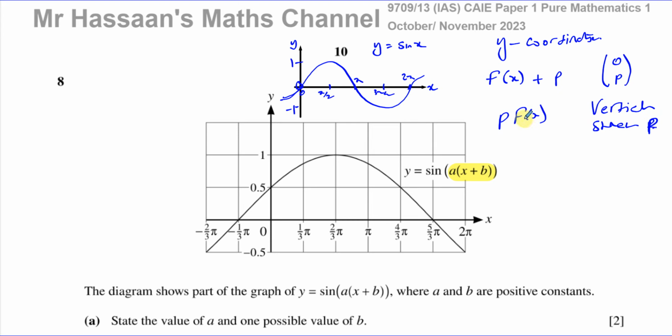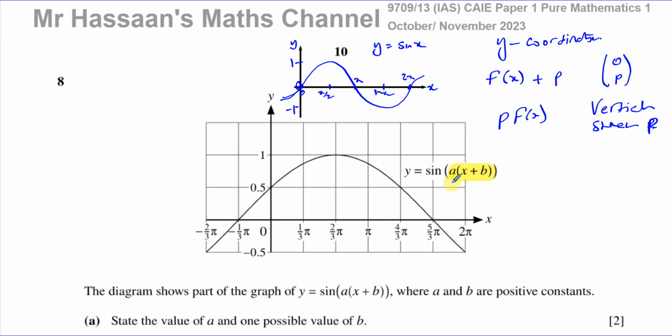So if it's 2 times f of x, it will stretch vertically. Now here, none of that has taken place. There's no vertical stretch and there's no translation, because the outside of the function is the same. It's like 1 times sine of something plus 0. Nothing's been added to it, and nothing's been multiplied by it in terms of the outside of the function.